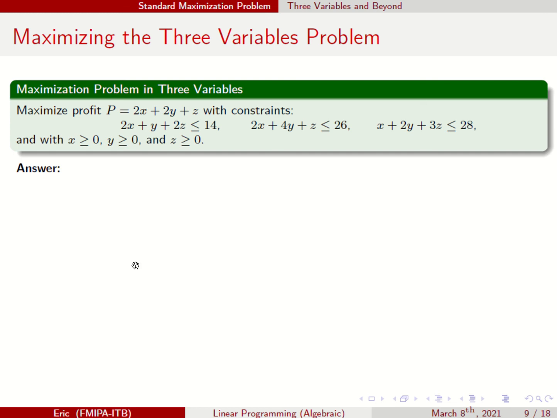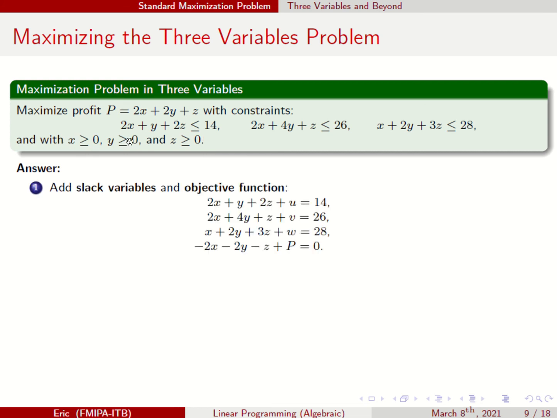Let's look at the three-dimensional problem. I want to maximize the profit 2x plus 2y plus z, with these constraints and the non-negative variables.